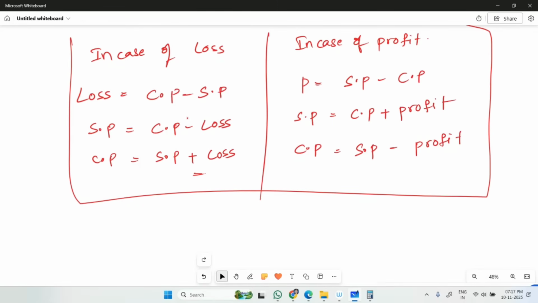Okay, now let's move on to the profit percentage and loss percentage. To find out profit percentage, again we have a formula which is profit by cost price times 100.